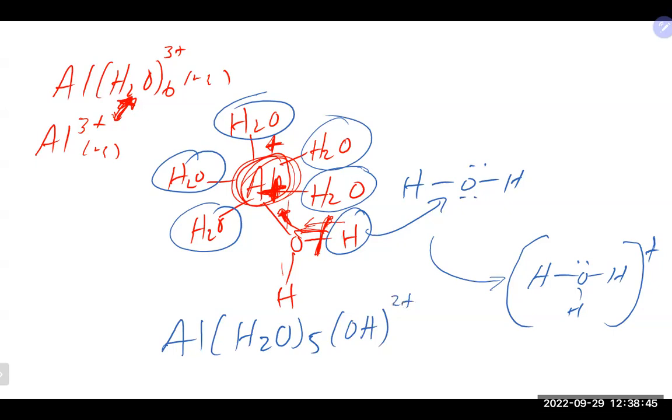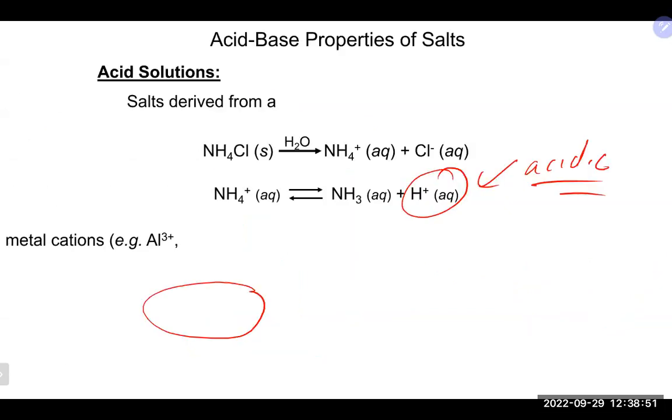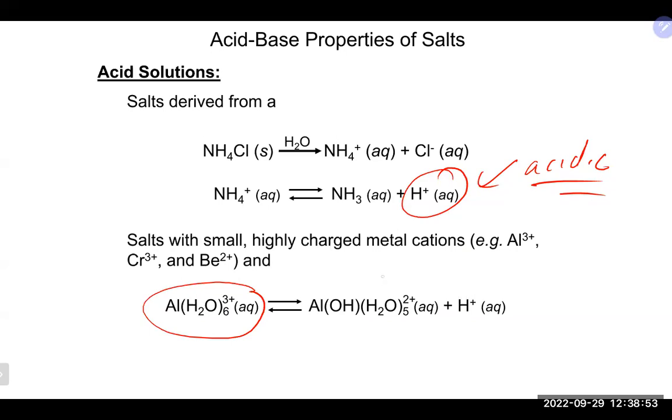So basically when this guy goes away, it becomes OH. And that's how we get to that formula that we saw on the previous page here. Basically 5 waters, an OH, and the charge changes as well. But the main thing here is we're able to produce some free H3O+, which means that we would expect the solution basically to be acidic. Any questions on that there?